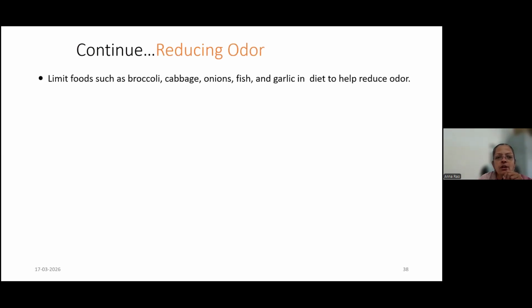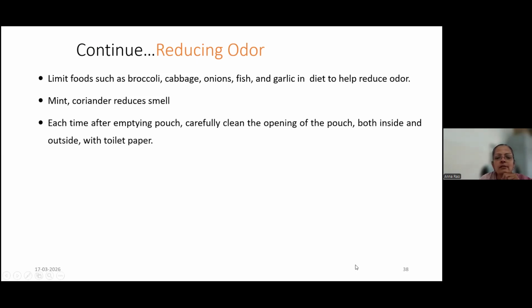For reducing odor, the food which causes gas in a particular patient should be avoided, because no two patients are the same. Generally broccoli, cabbage, onions, fish and so on cause odor, so those should be avoided, and similarly gas-forming foods.